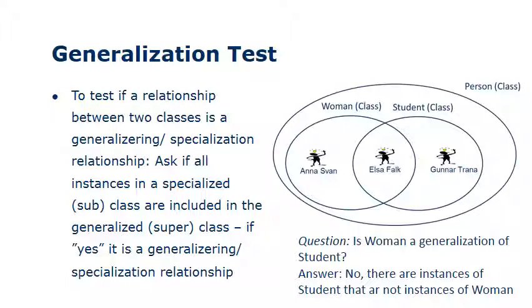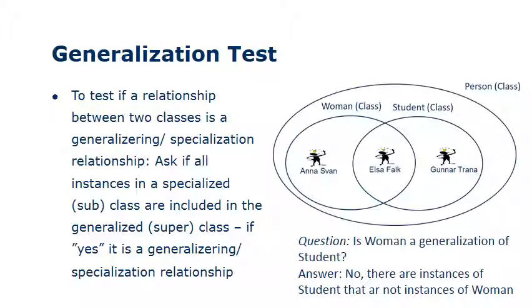You can test if a relationship between two classes is a generalization specialization relationship by asking if all instances of the specialized class are included in the more general class. For example, are all the instances of the class woman also included or part of the class person?